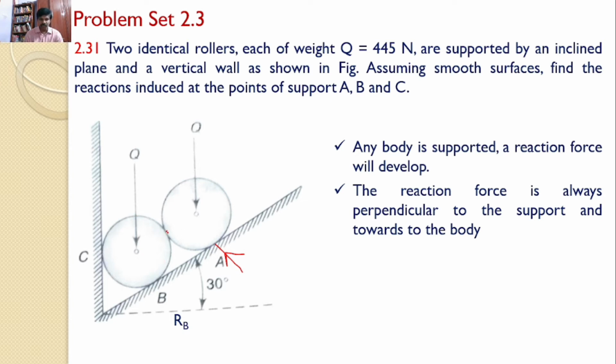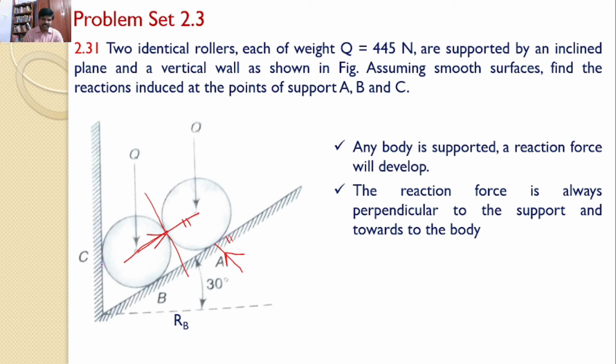Hence, a reaction force will develop which is perpendicular to the surface, meaning you just draw a tangent to this and draw a normal to that tangent, which gives a line like this which is parallel to this surface. And the reaction force developed onto this cylinder because of this cylinder is like this.